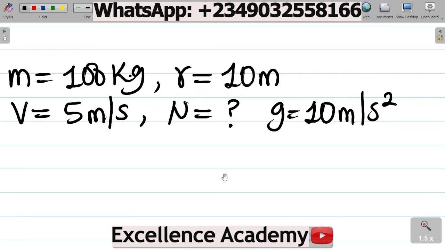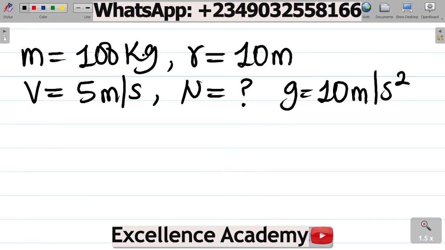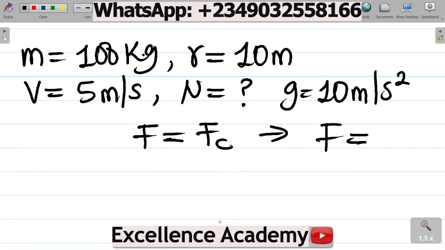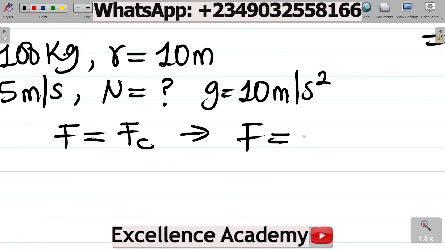So how do we solve this question? First things first, we know that the force here, F, is equal to the centripetal force, because the object is moving in a circular path. For centripetal force, the formula is mv squared all over r.